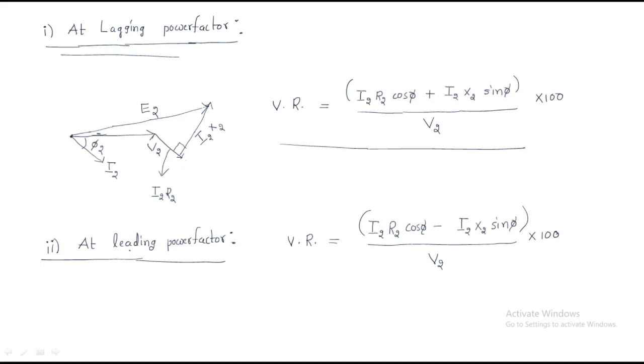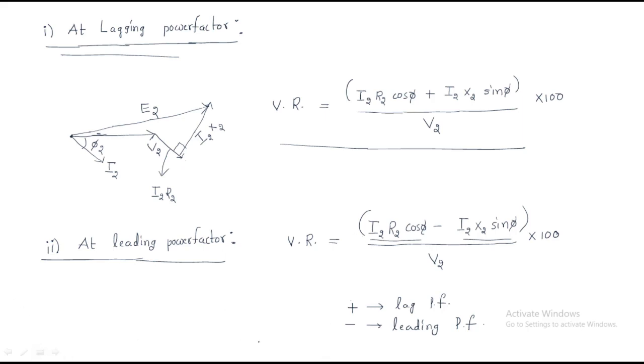If it is acting at the leading power factor, then the formula is I2R2 cos phi minus I2X2 sin phi. Simple thing. So in the voltage regulation formula, the plus symbol is for lagging power factor and the minus symbol is for leading power factor. You have to keep that in mind.